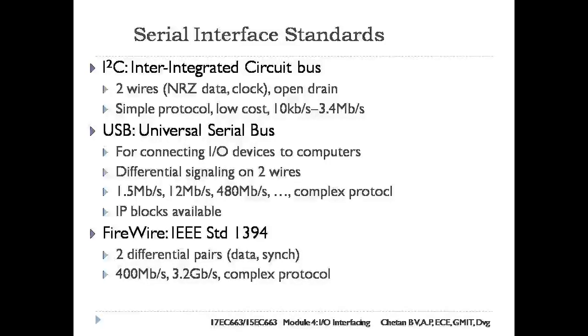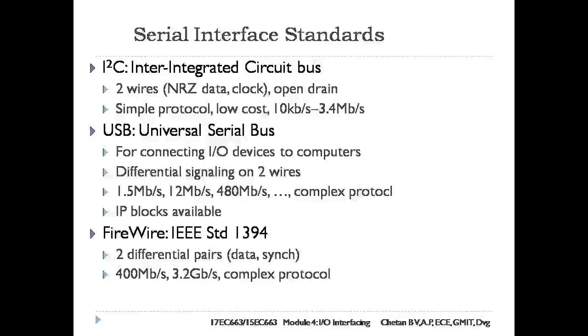FireWire, IEEE standard 1394. FireWire started out as a high-speed 400 megabit per second bus. Revision of the standard defines transfer at rates up to 3.2 gigabit per second. FireWire connections use two different signaling pairs, one for data and the other for synchronization.